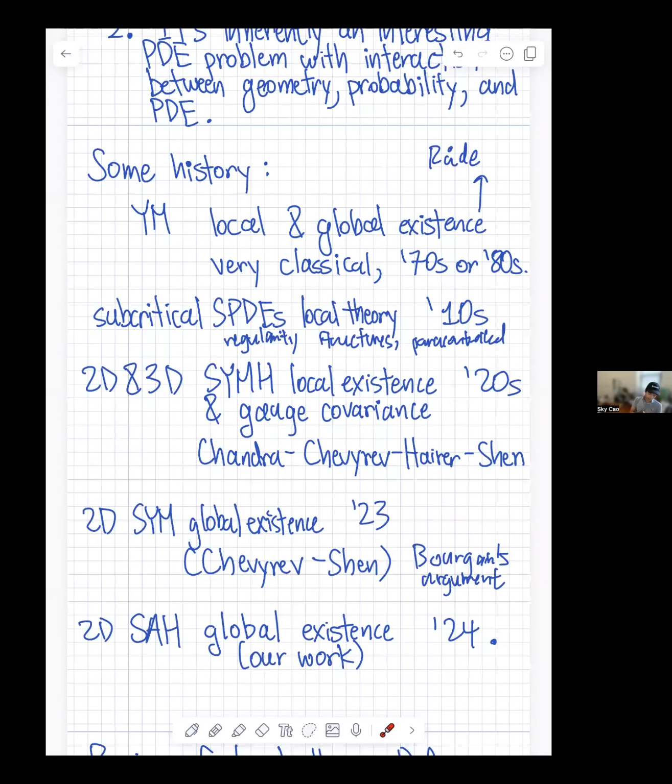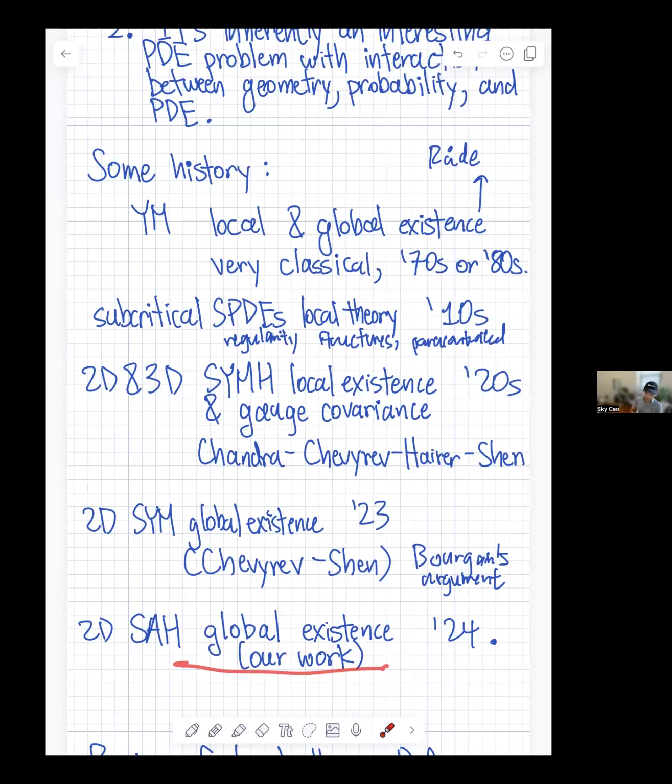The reason why they work with Yang-Mills and not Yang-Mills-Higgs is because the 2D Yang-Mills measure, in a sense, is exactly solvable. We know a lot about that measure. We can write down laws of all the observables. So it's a very special thing, whereas we don't know as much about the Yang-Mills-Higgs measure, even in 2D. And so that's the reason why they look at stochastic Yang-Mills.